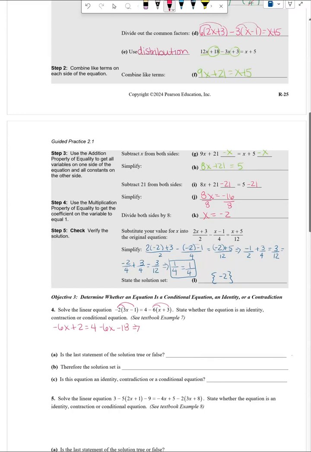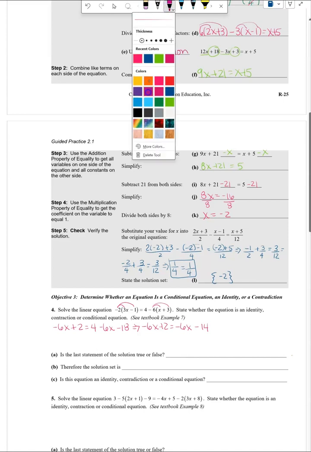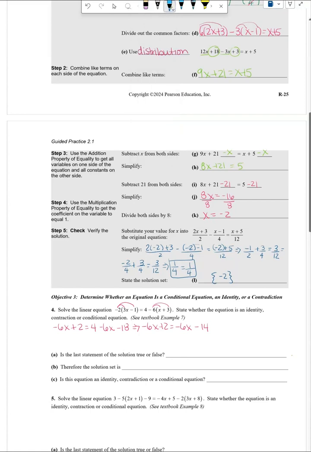So negative 6x plus 2 is going to equal negative 6x minus 14. Okay, now we can switch colors. Let's add 6x to both sides. So both of these are going to cancel, and that's going to leave us with 2 equals negative 14.